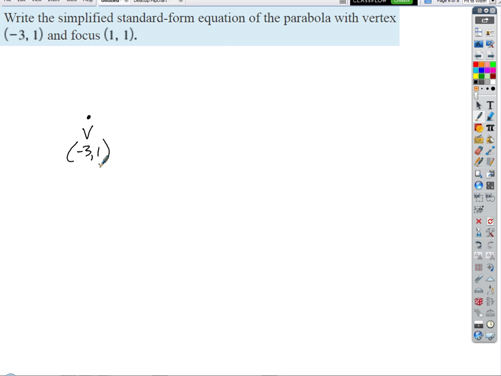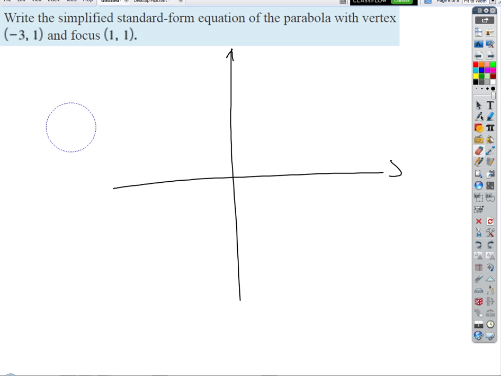Maybe that makes it a little bit easier to get these things oriented properly. So if the vertex is back 3 and up 1, there's V, right? The focus is at positive 1, 1, so it's right there.